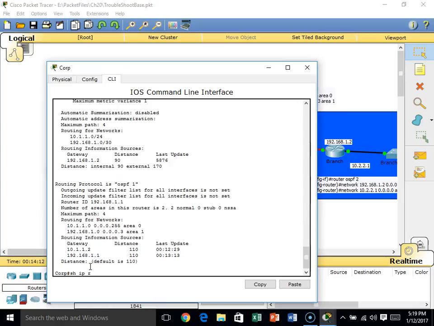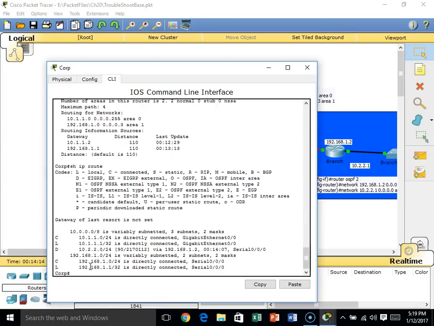So show IP route. When we look at these, we have a D, and you notice that the administrative distance here is 90. We're only getting EIGRP routes here because everything else is connected together. It already knows how to get to the 10.1 network.